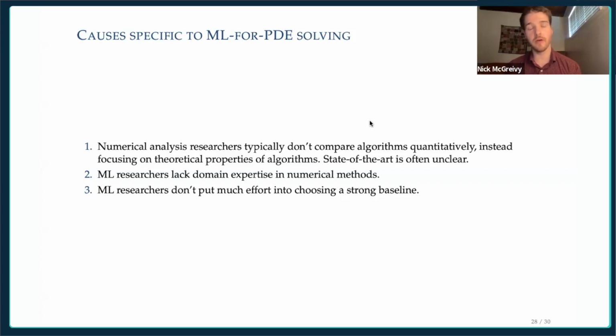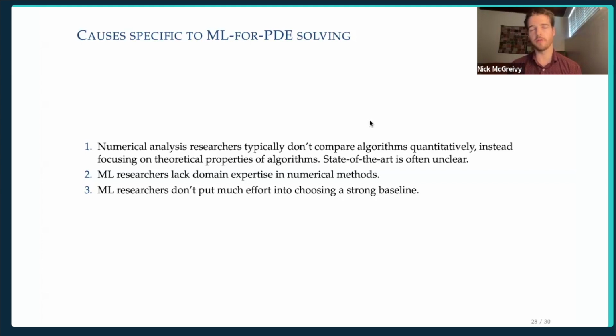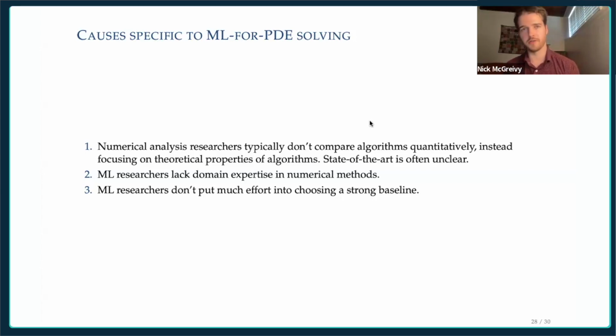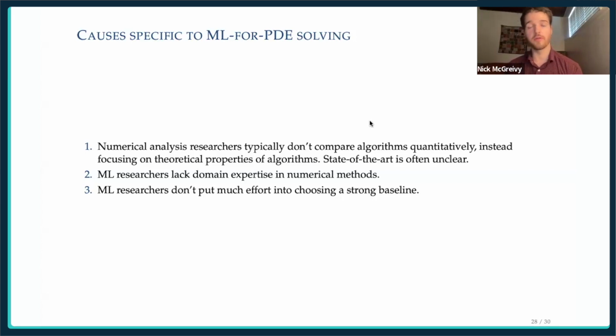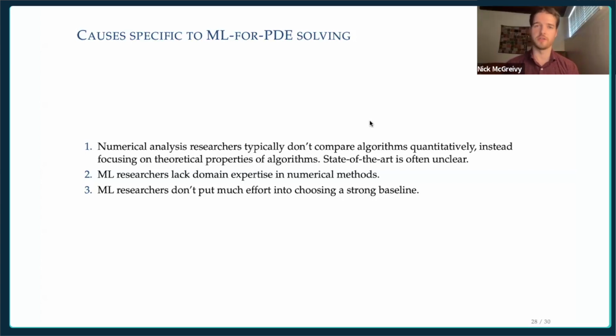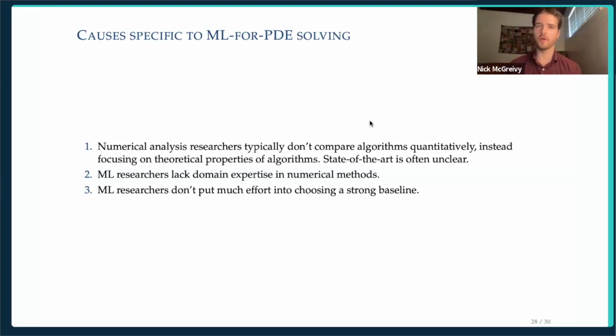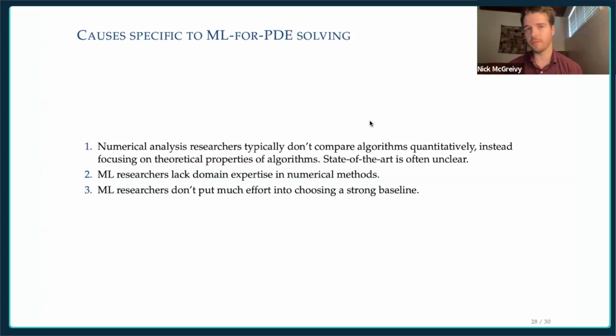The numerical methods community is not really as focused on quantitative metrics. The focus is often on theoretical properties of algorithms and understanding under what conditions an algorithm gives good results, and is it reliable, and under what conditions is it not. And so these quantitative comparisons just aren't really being performed in the numerical methods literature. And so the state of the art is often unclear.